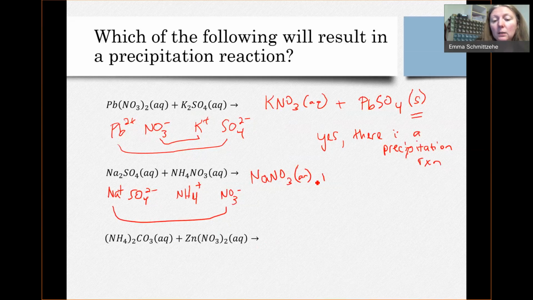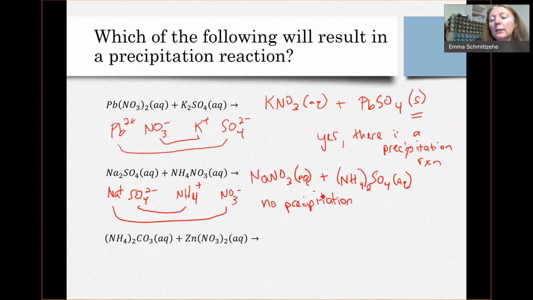And then, what else do we have? We have ammonium combined with sulfate, so that would be (NH4)2SO4. And that has the ammonium ion, and anything with the ammonium ion is soluble, so that's aqueous. So this is no precipitation because no solid forms.